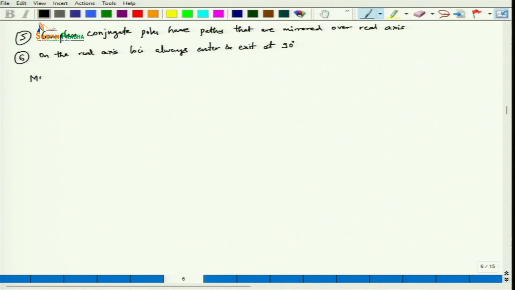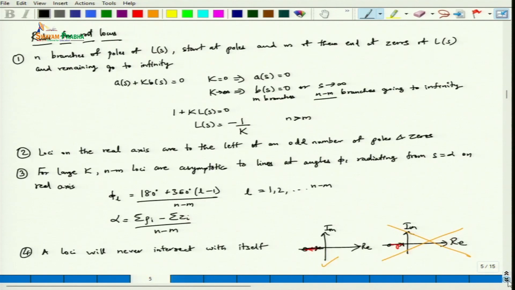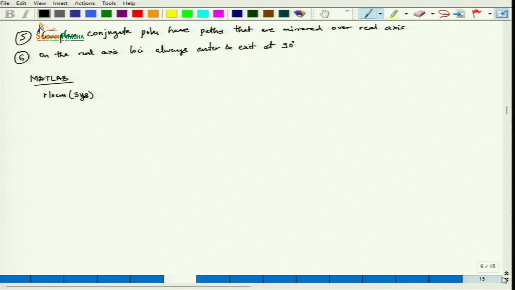For an exact representation, what you can do is you can use in MATLAB a command called Locus of the system. So you can define the system in the transfer function form and you can plot the root locus. Now next we are going to discuss some examples to understand how these rules are applied and to get root locus for different kinds of systems.